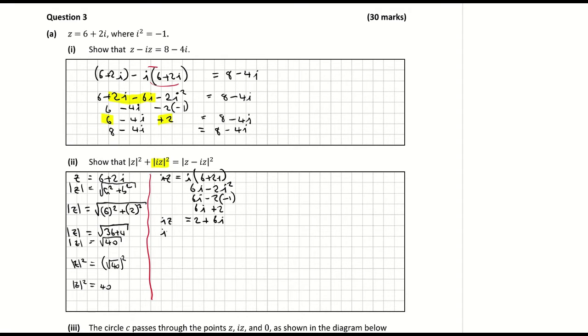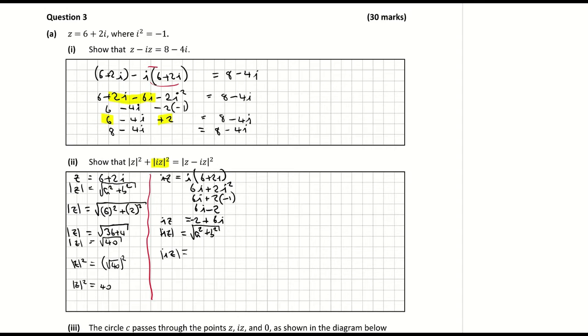I now need to get the modulus of iz. So once again, square root of a squared plus b squared is my formula. Sorry, a slight little mistake up there at the top of the question. It's 6i plus 2i squared. So just change, if you're following my work there, that's a minus 2 and that's a minus 2. So minus 2 plus 6i.